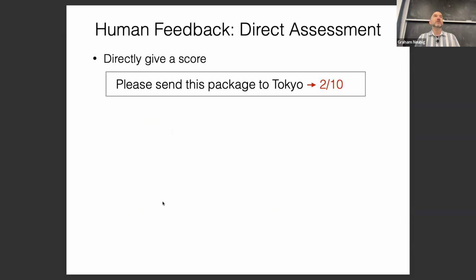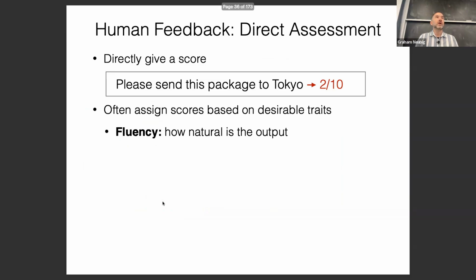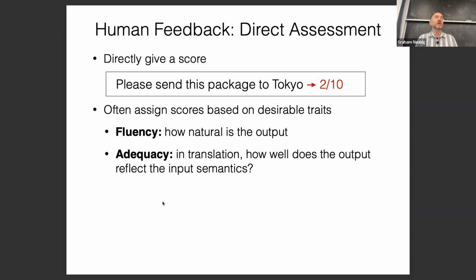First, talking about direct assessment, we would give a score of like 2 out of 10 to send this package to Tokyo. And often we assign scores based on desirable traits. So for example, fluency: how fluent is the output? In machine translation, another example is adequacy: how well does the output reflect the semantics of the input?